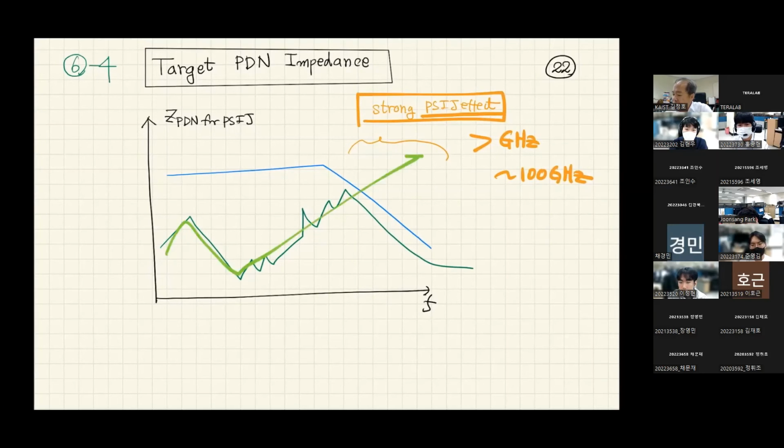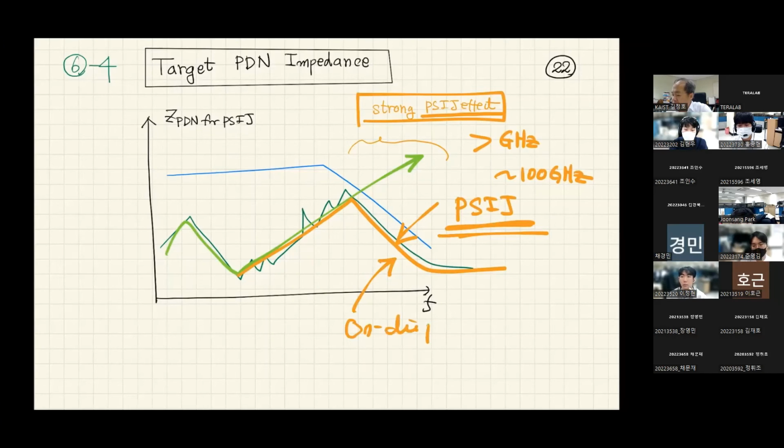In the conventional design, target impedance could be this blue line, this green line, but now you have to design a new target impedance line that is controlled by PSIJ. And this impedance can be obtained by having on-chip decap plus off-chip decap.